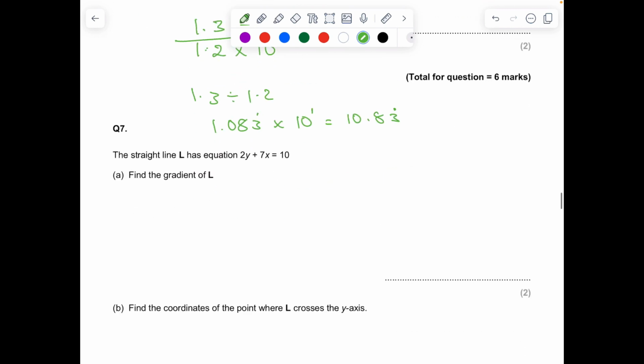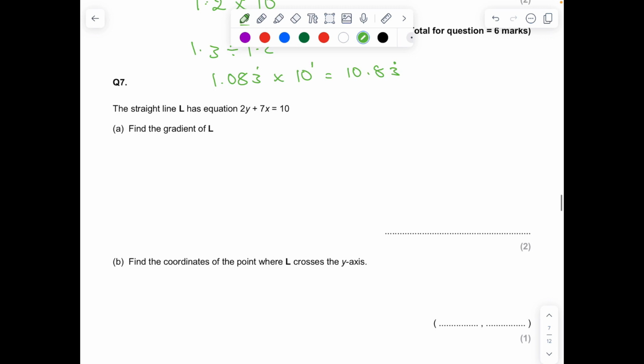Okay, let's carry on. Right, if you want the gradient, then we want it to look like y equals mx plus c, so that we're easily able to tell what the gradient is and what the y-intercept is. At the moment, it does not look like that.